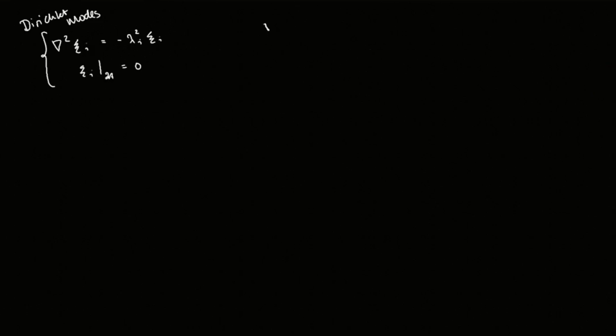Now for general arbitrary geometries, there's not going to be a closed form solution for these. In fact, what we do in practice is calculate those numerically. We'll get there. Now the Neumann modes, I'm going to say del squared eta I is minus sigma I squared eta I. And the Neumann modes satisfy homogeneous Neumann boundary conditions.